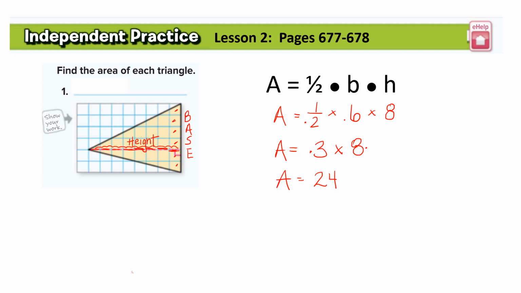They didn't tell me what the units were in this problem, so I'm just going to write units because I don't know if it's inches or centimeters or millimeters or anything like that. So it's 24 units squared. Or you can write 24 square units.